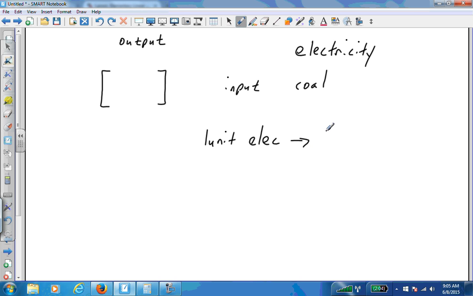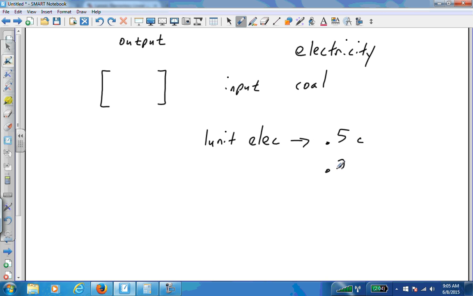let's suppose it takes 2/10 of a unit of coal, or actually let's increase that. Let's say it takes half of a unit of coal, and you also have to have something running those machines.